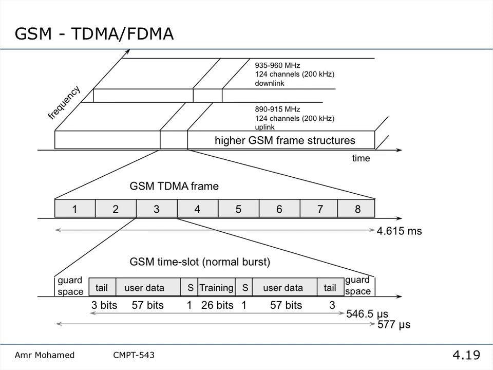A super frame is around 5 milliseconds, as we said before, which is 4.6 something plus the guard bands on both sides. So 8 time slots.